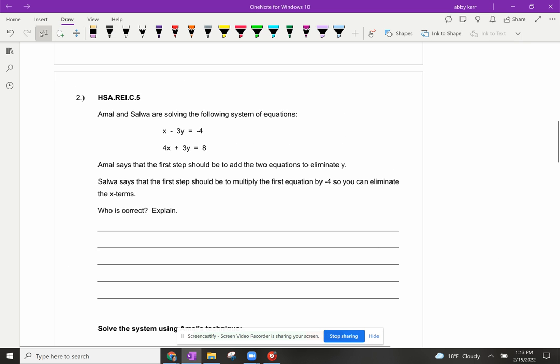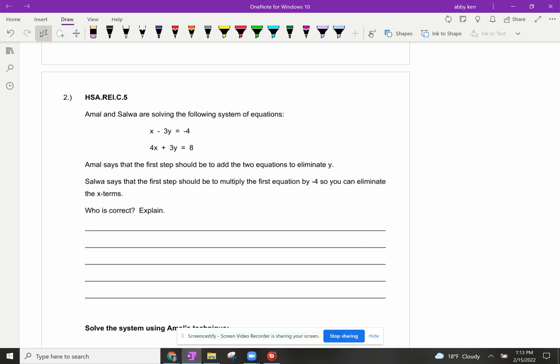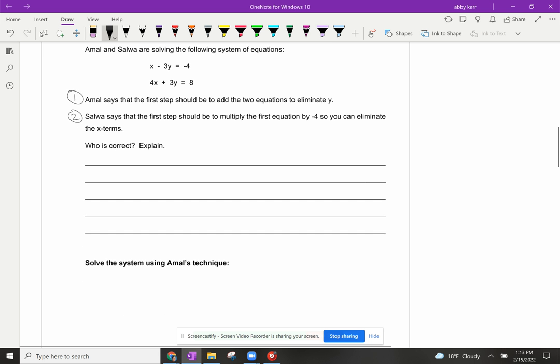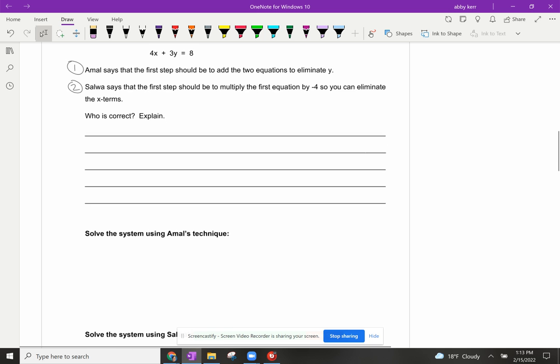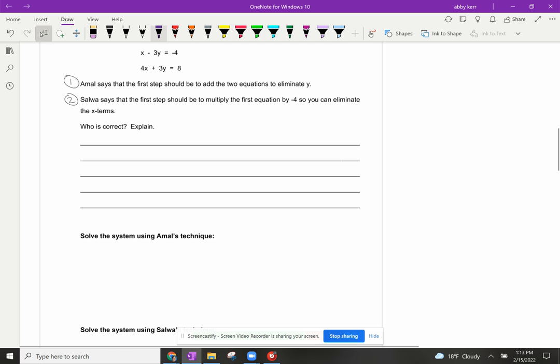Now this part was a little confusing for some students because Amal did it one way and Salwa did it another way. It says Amal says that the first step should be to add the two equations to eliminate the y. Now if you look at the two equations, which let me write them down.